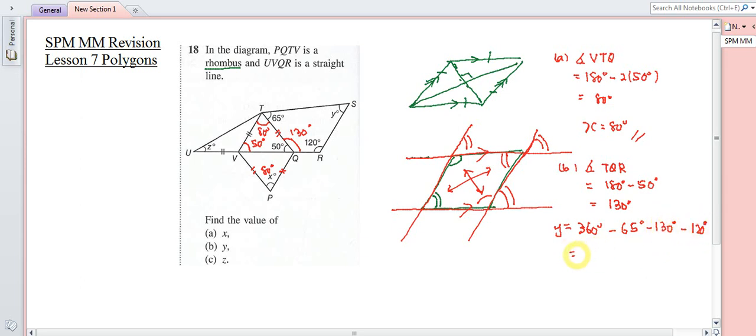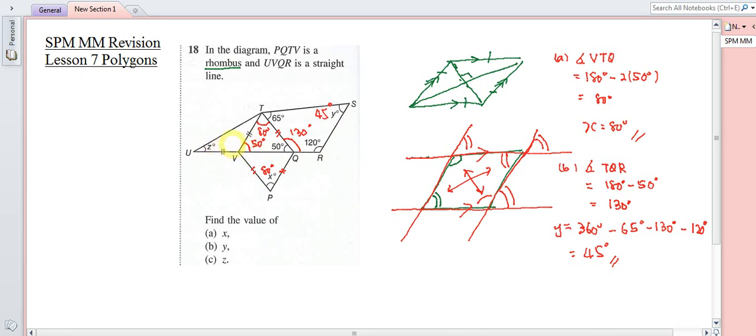Okay, press the calculator, see what value we got. 360 minus 65, 130, minus 120. Okay, you will be able to get 45. So y is 45 degrees. Okay, how about z?